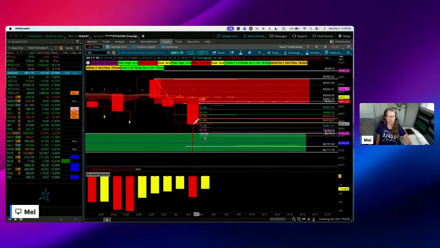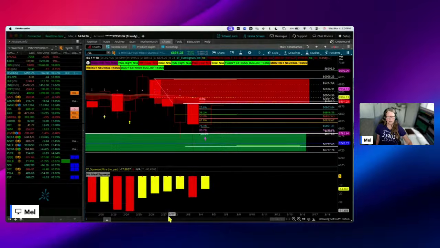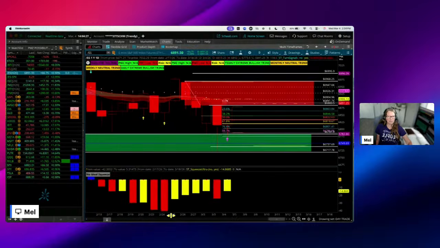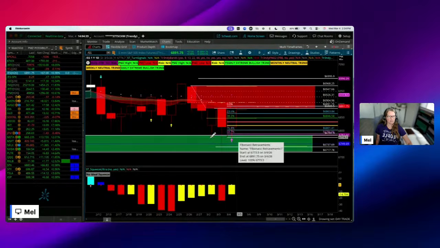You can tell by the bottoming wick on yesterday's candle that buyers definitely stepped in there. That's why I truly believe that supply and demand trading is the way to go. It gives me confidence of knowing that if I'm buying a dip, I have a high probability chance of the trade working out in this zone.